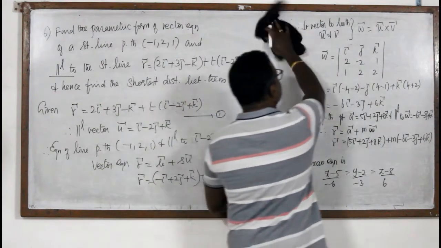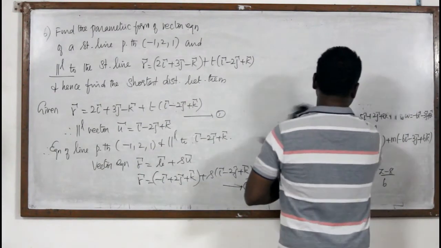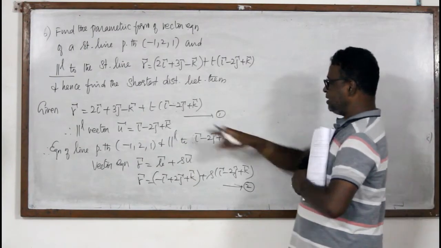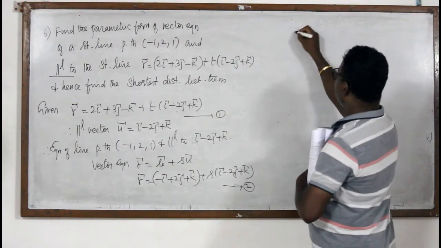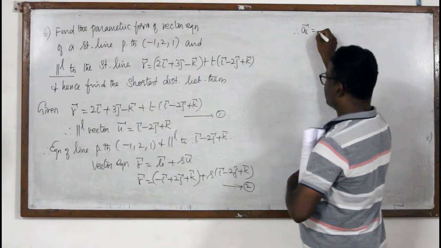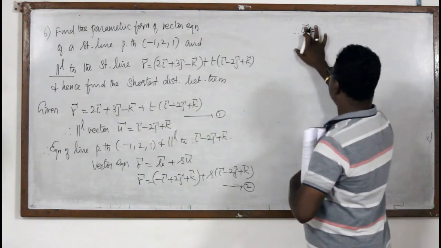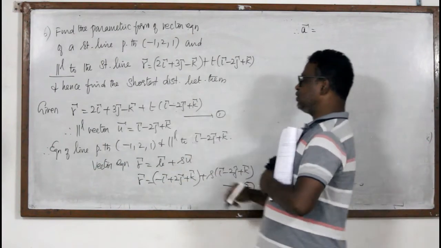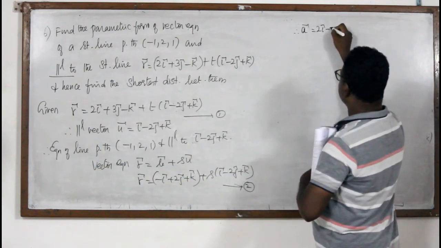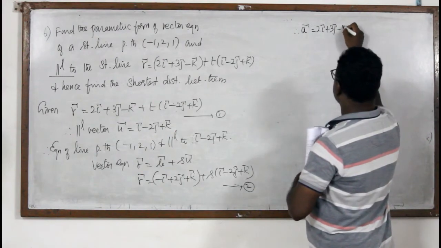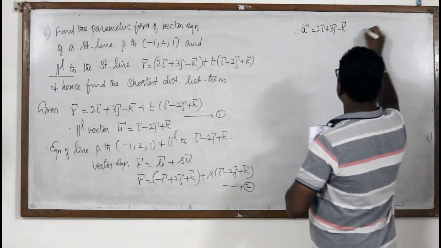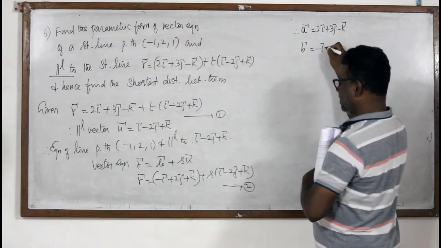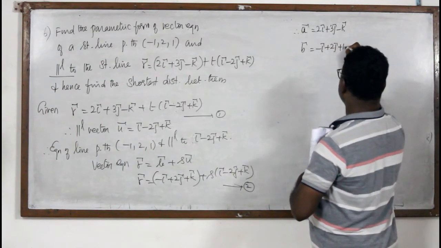Now from this, shall we find a, b, u? Since the lines are parallel, the u vector is the same. Therefore, a vector, since I used b, let me give this one as a, is 2i plus 3j minus k, and b, from here, is minus i plus 2j plus k vector.